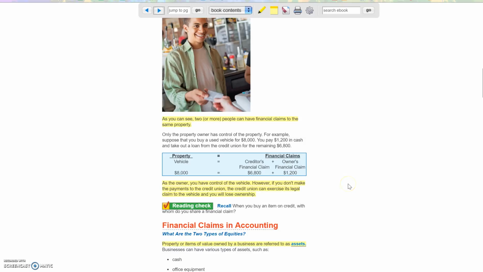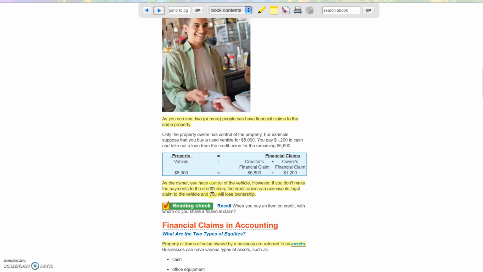In this example here, we need to buy a vehicle. We are going to put down $1,200 cash for this $8,000 vehicle, and we're going to have a loan to a credit union for $6,800.